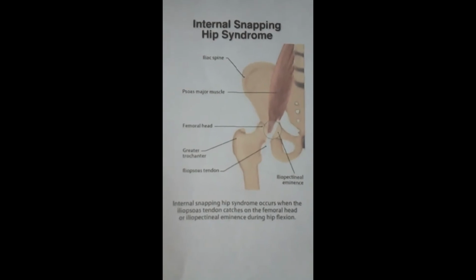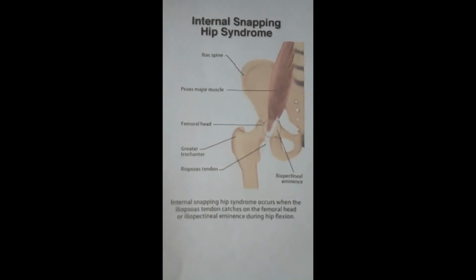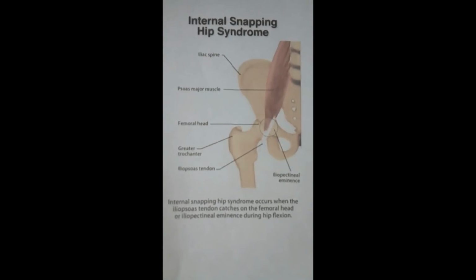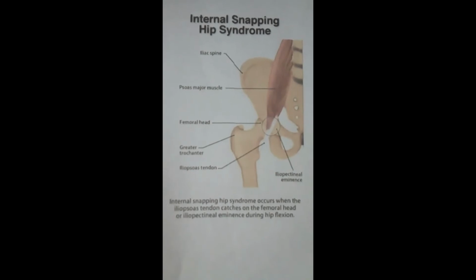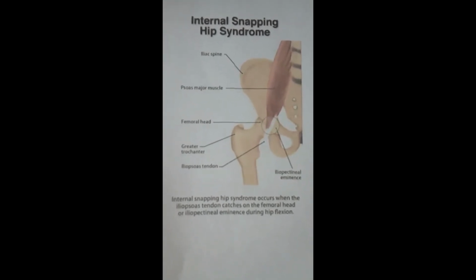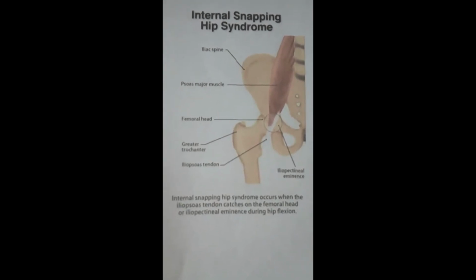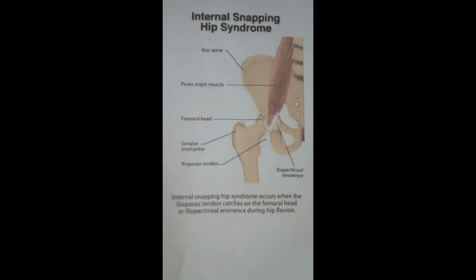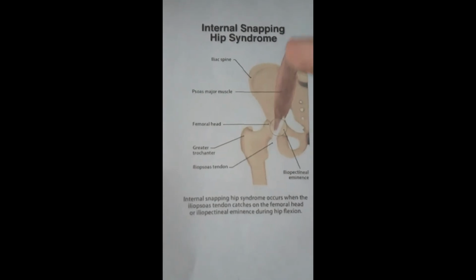Okay, so as I mentioned earlier in this video, we're going to look at something called snapping hip syndrome. Now, there are two types of snapping hip syndrome. There's internal snapping hip and also external snapping hip. So first off, the internal snapping hip syndrome, you can see the psoas muscle here. That's the one that attaches up on the lumbar vertebrae.